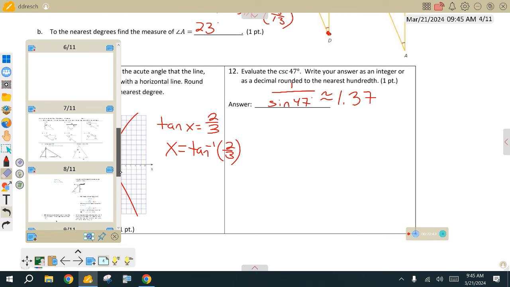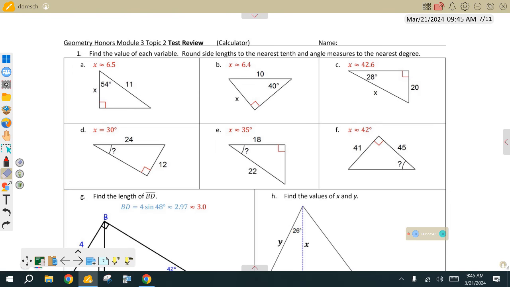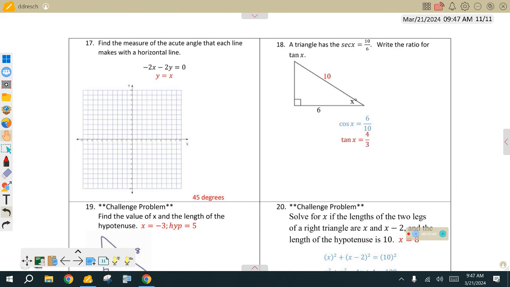This is your time. Now, do not toss this. Think about 17 though, it's not in slope-intercept form. So we have to first bring in our algebra skills to rearrange it and see what our slope is. And then our slope will take it right to tangent immediately. Graph is there, but it's not really helpful. I see it's 45 degrees.